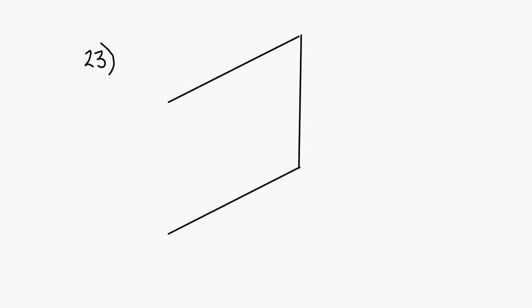Number 23 asks you for 3 collinear points. So you're looking for 3 points that are on the same line. And you've got a picture of a plane, and a line going through this plane.